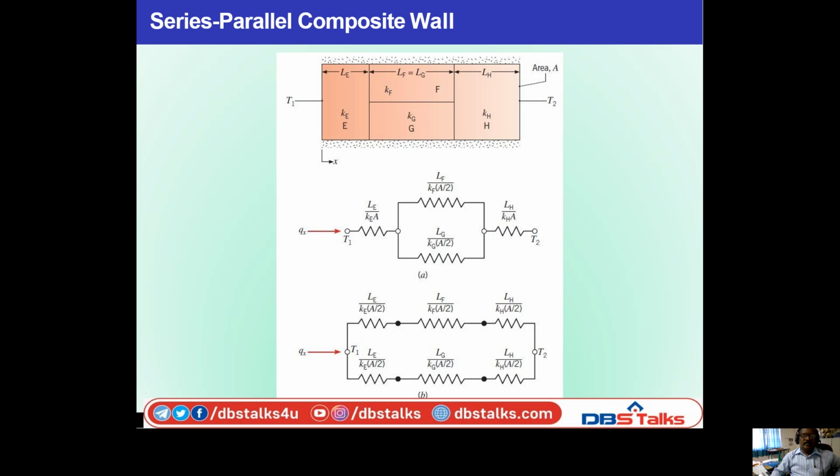In some cases, some walls are in parallel and some are in series. Those problems we also simplify using the electrical analogy, by arranging the walls in series and parallel and then simplifying using electrical concepts.